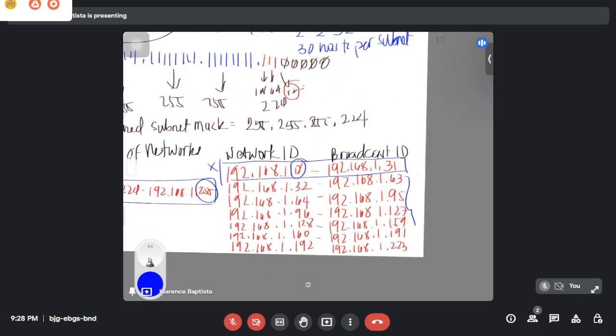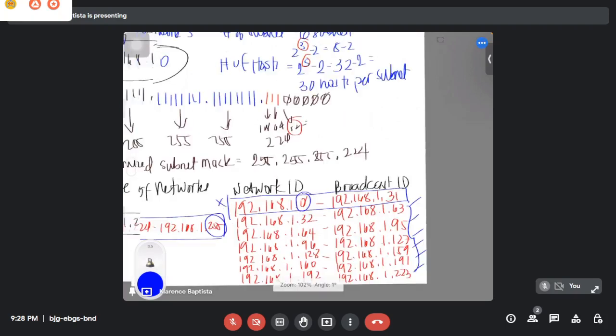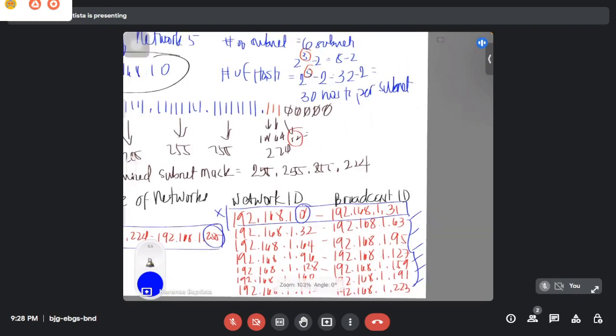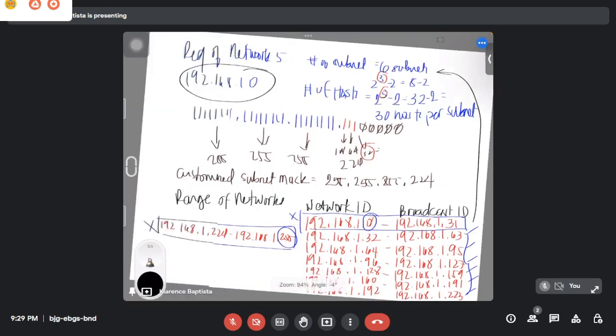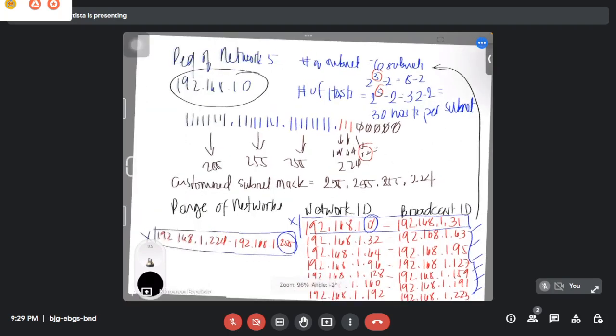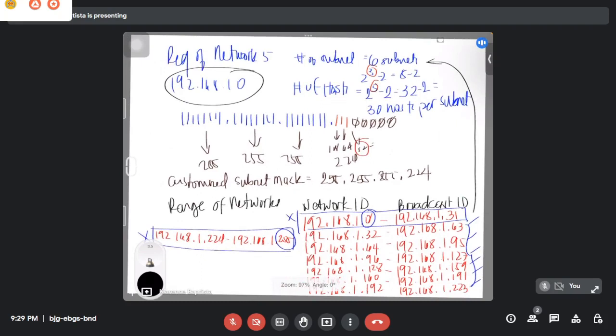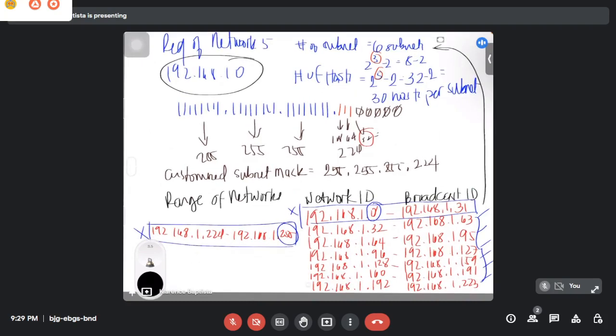So kung bibilangin po natin yan, we have 1, 2, 3, 4, 5, 6. So 6 po na network is equals to 6 subnets na meron tayo kanina. Okay? So yan po yung how we get the requirement of network sa subnet. Okay po?